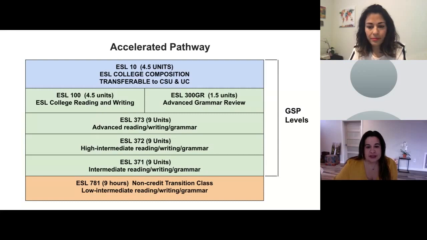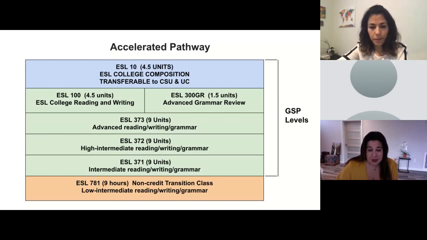And if you notice at the bottom of this pathway, we have a transition class from non-credit into the credit pathway. And the guided self-placement that we have been piloting is only used for our credit classes. So our non-credit classes still have a different placement procedure, and we haven't quite started piloting anything or making changes with the non-credit placement.